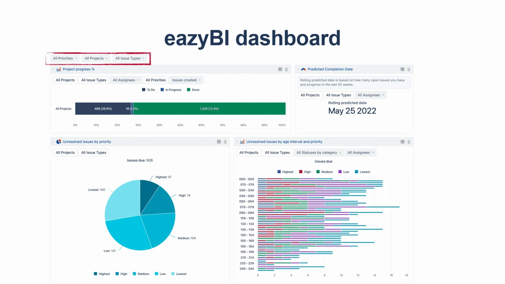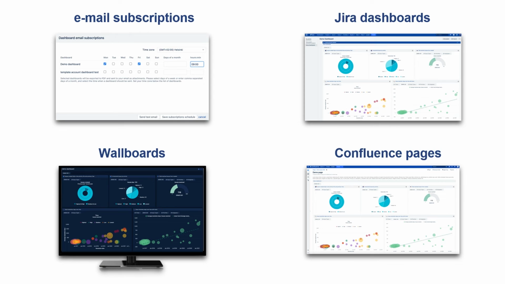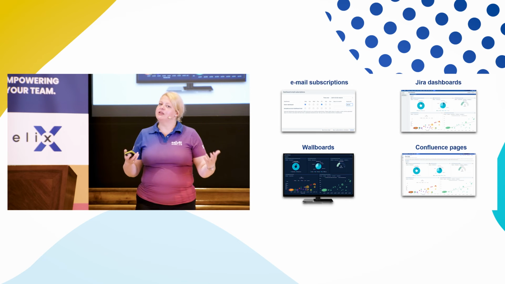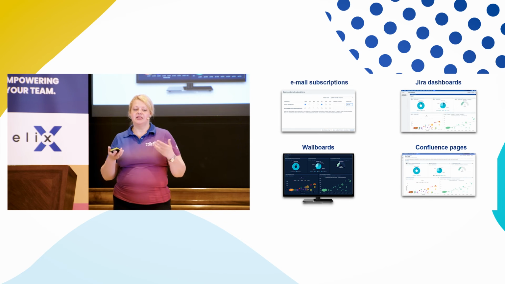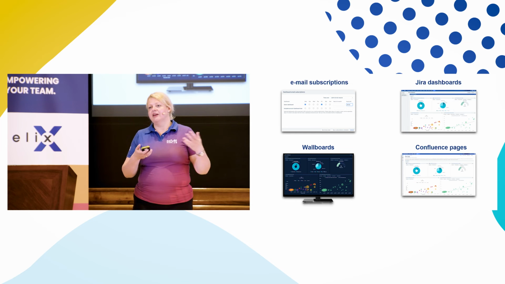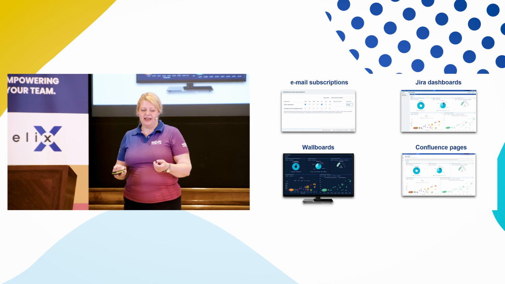In our company, we indeed believe in sharing is caring, and that information should be available for everyone. So we provide different ways how you can share your eazyBI dashboards. You can subscribe to get them into email as PDFs.